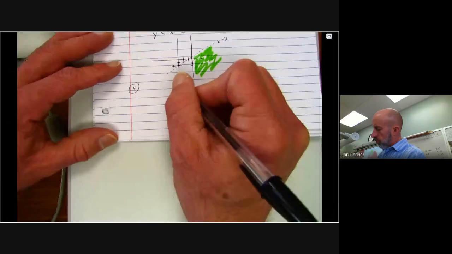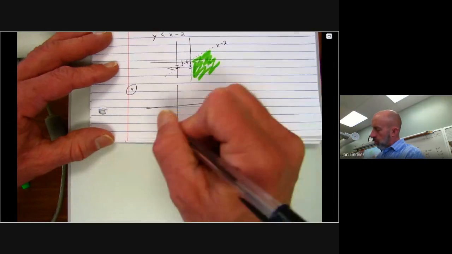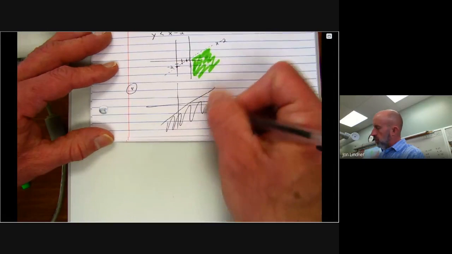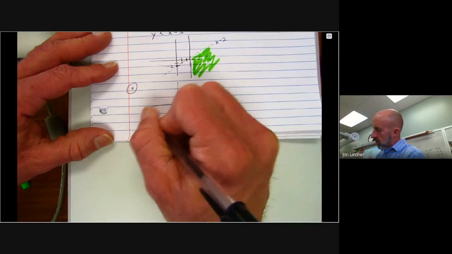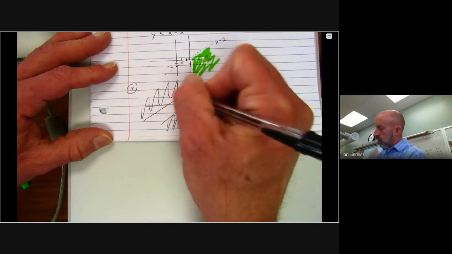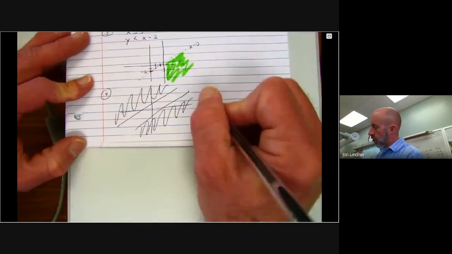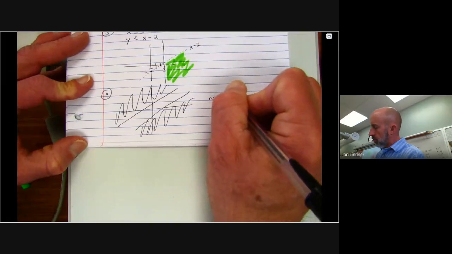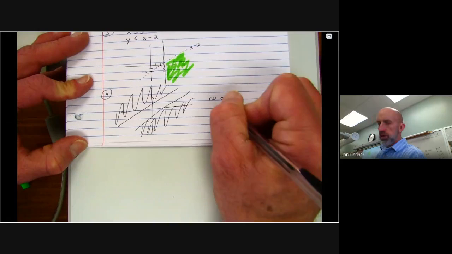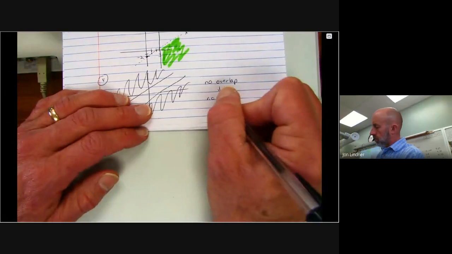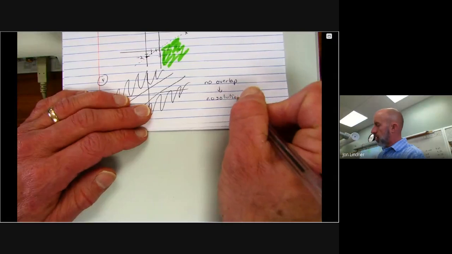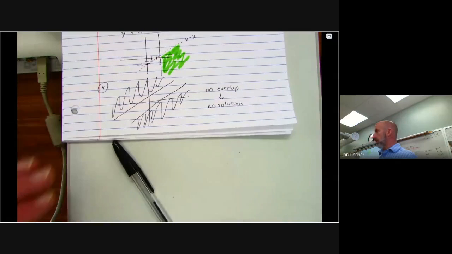We'll just make a little quick sketch here. If you get one like this, where something's shaded here, you got another one, and it's shaded here, no overlap means no solution on a system of inequalities.